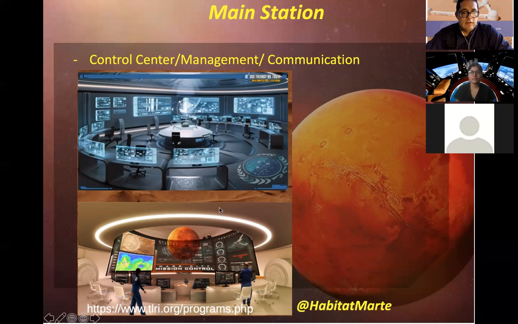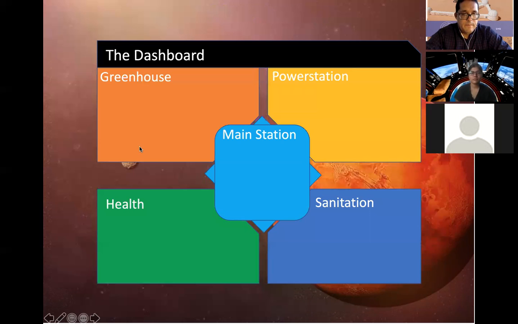If you see the panels aboard the Dragon capsule, you can see the screens with multi-activity control. This is the concept to be used in the computers aboard the main station and the control center. Something interesting that we imagine in the main station is the operation of a dashboard.